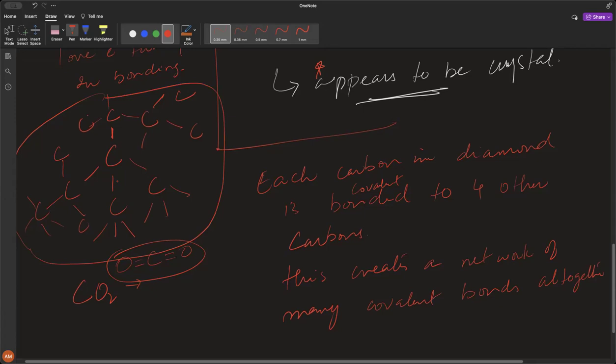It requires a very large amount of energy to overcome all of these covalent bonds altogether. You get it?